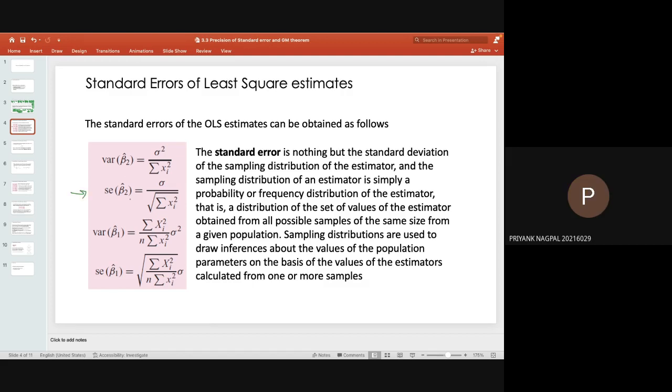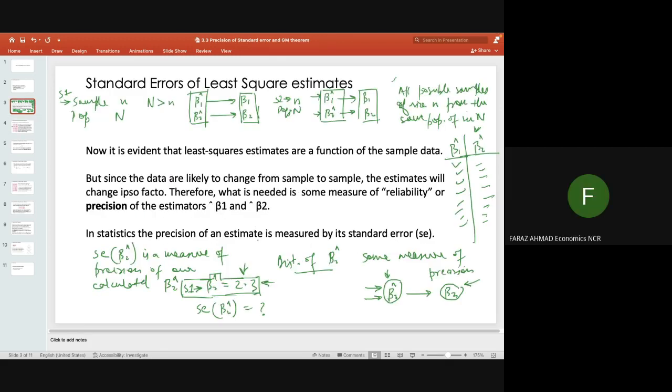Sir, can we say that the residual is a measure that helps in forecasting, whereas standard error helps in calculating the accuracy? Standard error is a measure of precision, so you are right in the second step.